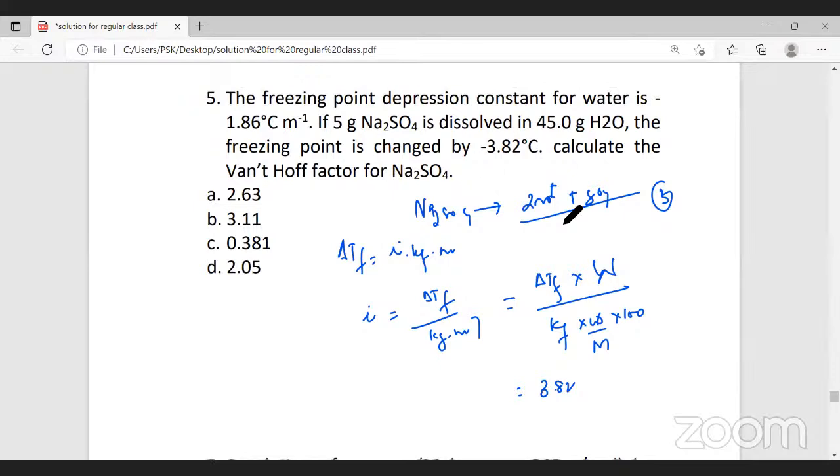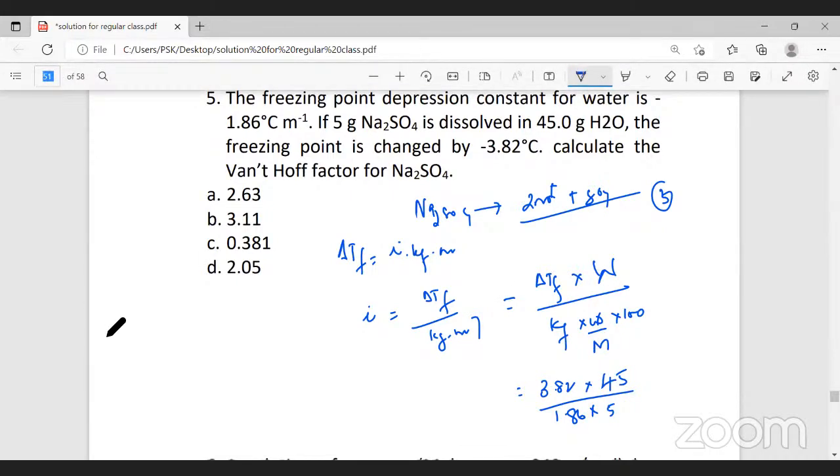How much of a decrease? It is 3.82. So 3.82 into the weight of the solvent, they have given us 45, divided by KF, they have given us 1.86, into the weight of the solute, 5 grams, and the molecular weight of Na2SO4 is 23 into 2 plus 32 plus 16 into 4, which gives you 142.